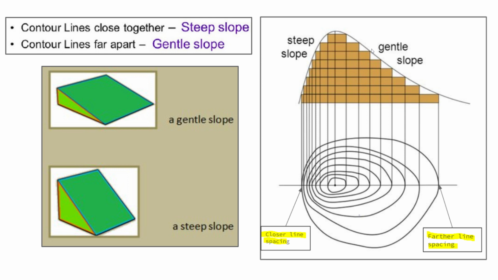In areas where I have a gentle slope, my elevation is changing slower, my contour lines are farther apart because my values for elevation are changing much slower within a certain distance. So contour lines closer together means steep slope. Contour lines farther apart means gentle slope.